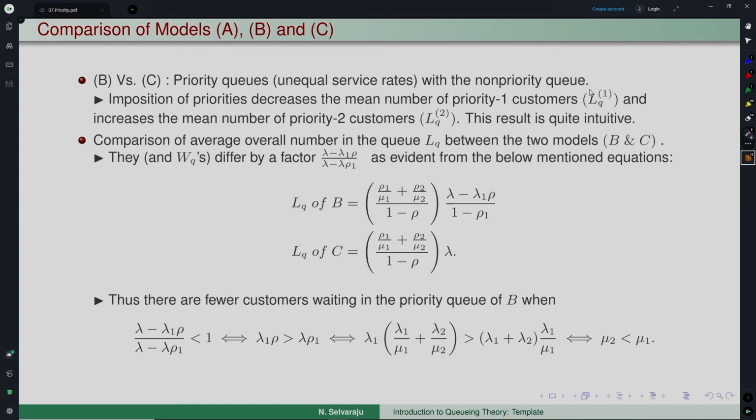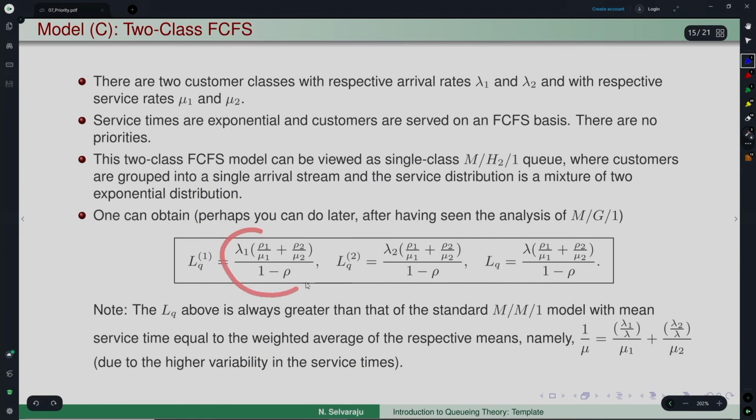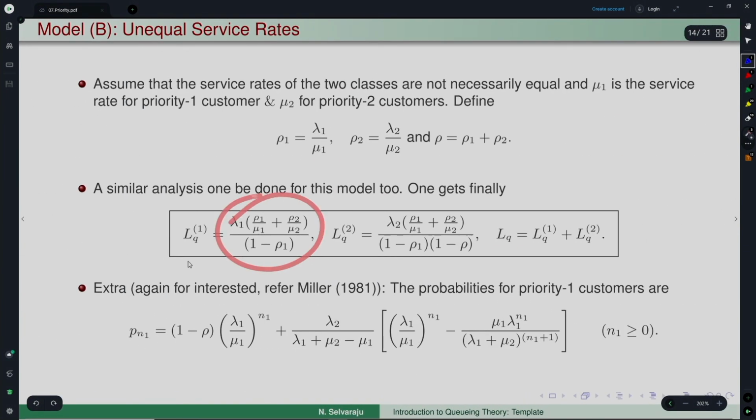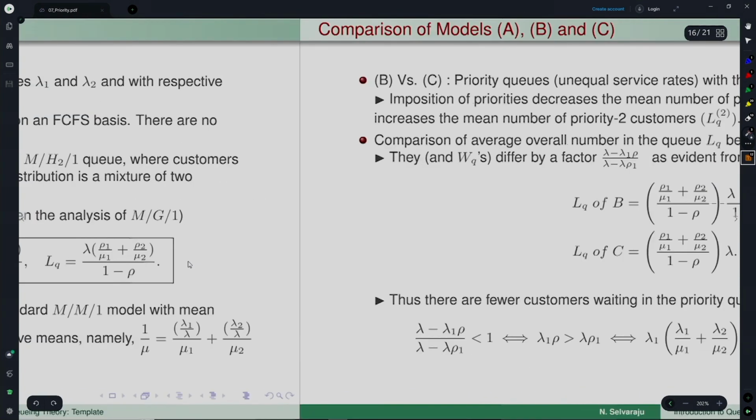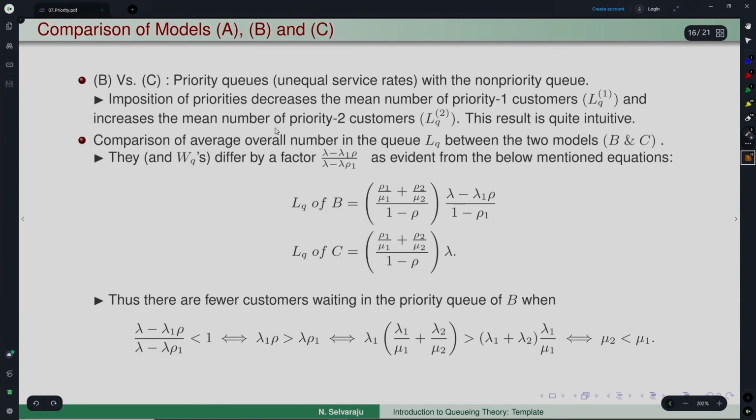Now, as one can show, you have the expressions here. We kept this box material to show that you have the expression here and the expression here. Using these two expressions, one can show the impact of imposing priorities: it decreases the mean number of priority 1 customers and increases the mean number of priority 2 customers. This is nothing unusual.